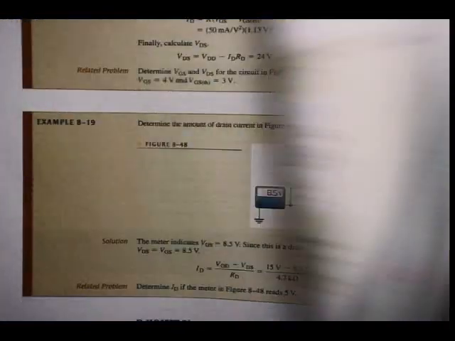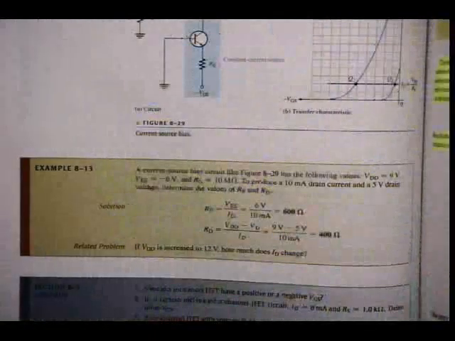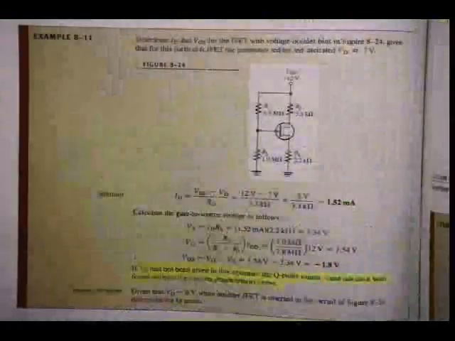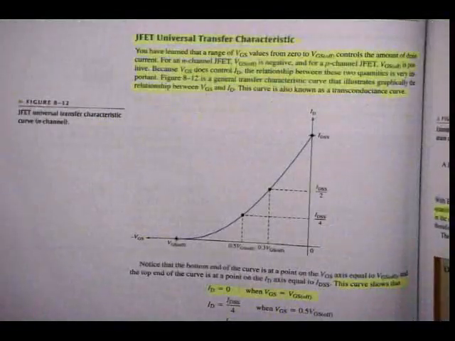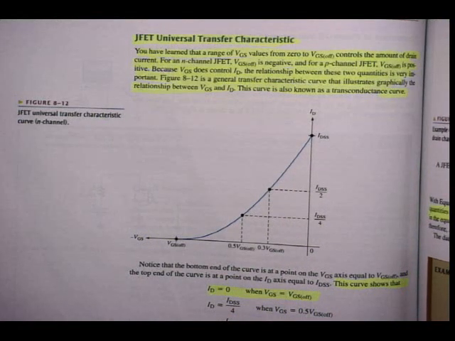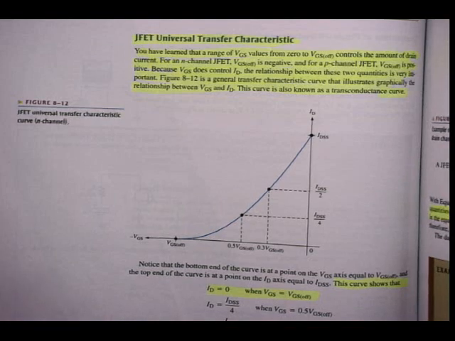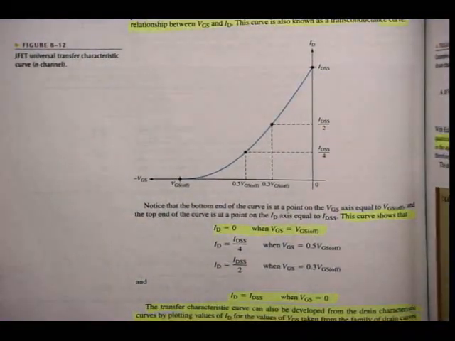If you will look back to the previous chapter where we have discussed the transfer characteristic curve, it was mentioned there on page 376. Remember where we discussed the JFET universal transfer characteristic curve? There it was mentioned.